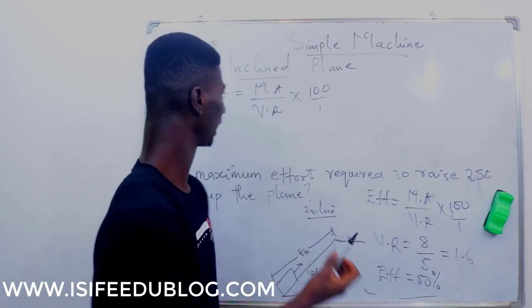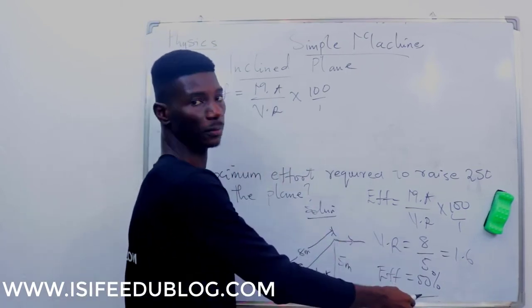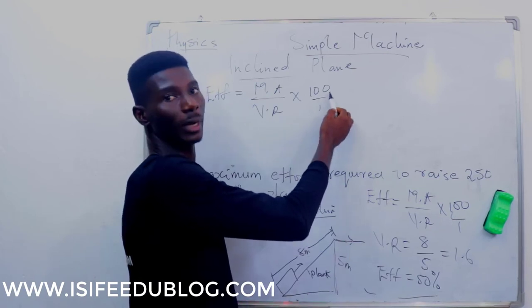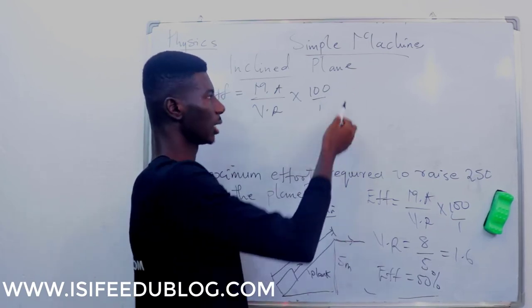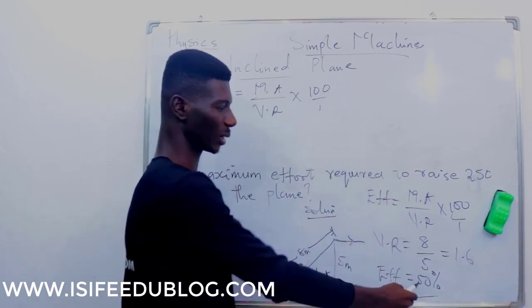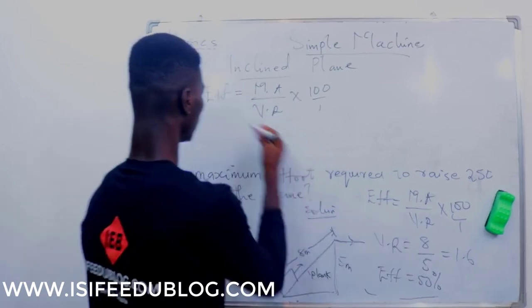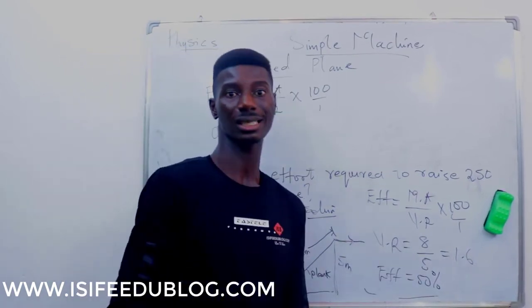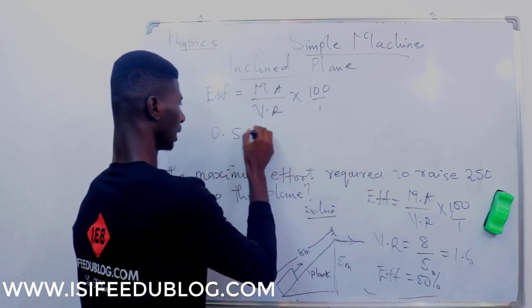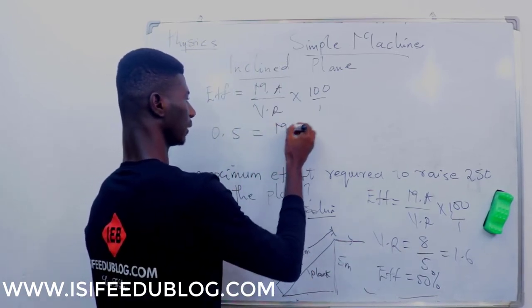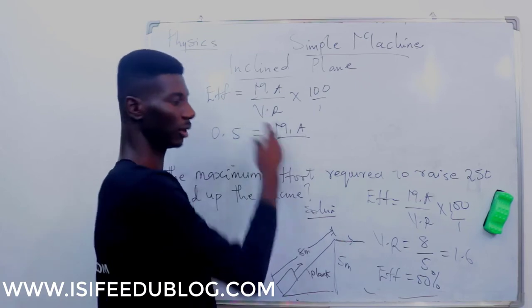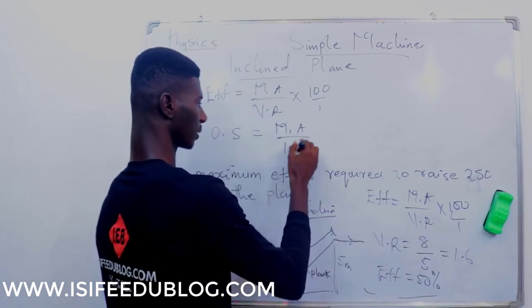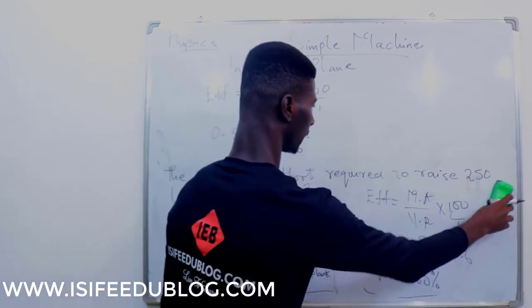I've told you, if you want to use 50 directly, you have to maintain this, but if you are removing it to make it faster, you have to divide by 100. So efficiency becomes 0.5. Yes, 50% is the same thing as 0.5. In that case, we just have mechanical advantage divided by velocity ratio, which is 1.6.